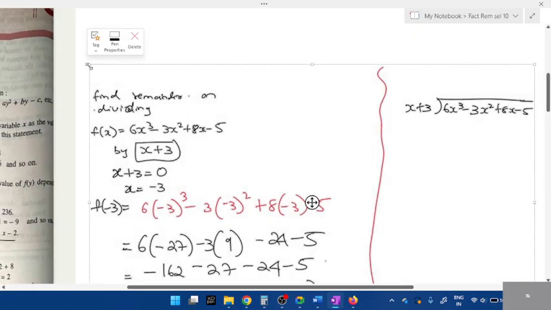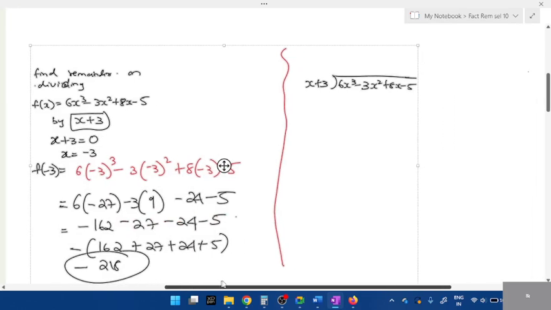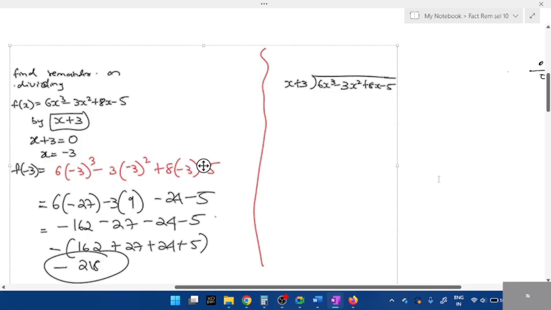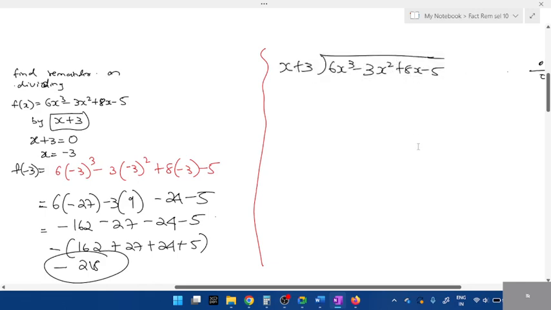The first batch students, as soon as I gave it, within 2 or 3 minutes, they completed it. And you all are still struggling with the basic substitution method. Try the division.